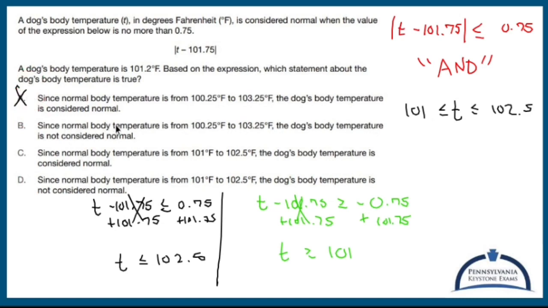Since normal body temperature is, same numbers, don't like it. Since the normal body temperature is 101 to 102.5, the dog's body temperature is considered normal because it's 101.2, so C is my answer there. But just to make sure, D says not considered normal, gives you the same numbers. That's not true. The answer is C.